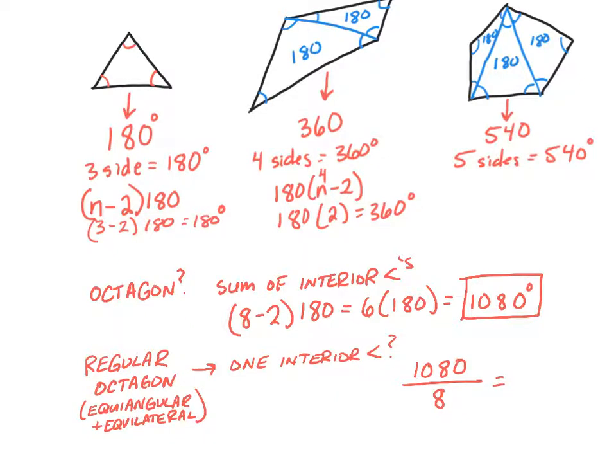Now 1080 divided by 8, I actually need a calculator for this. I could do long division, but that would be a lot of work to find a little number. So 1080 divided by 8, 135.